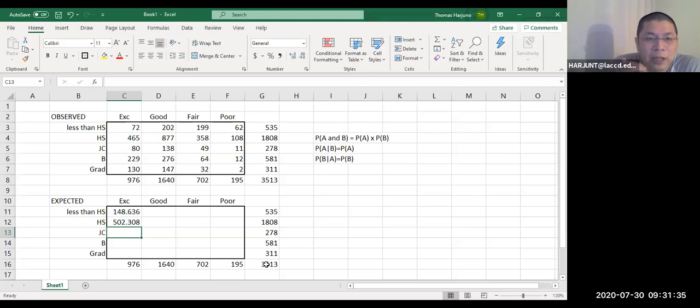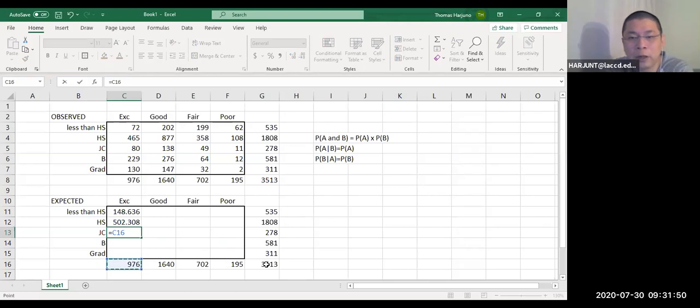So these are the expected values for high school with excellent health, and I do it so on and so forth. If you know how to do the coding with Excel, that would be really great, so that you can just copy and paste. I try to do it slowly right now.